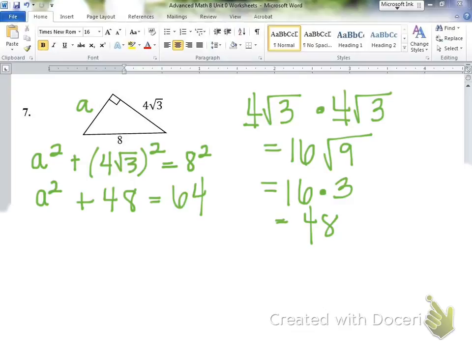And then how do we get a squared by itself? Inverse operations, which means I'm going to what? Subtract 48 from both sides. So that gives me a squared equals what? 64 minus 48 is? 15? 16.